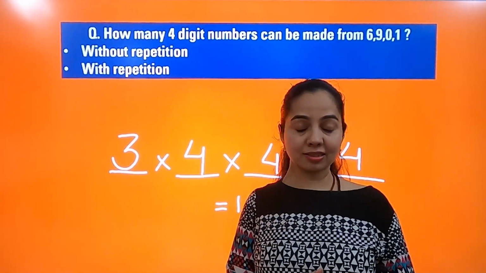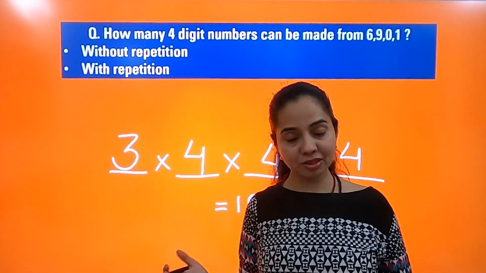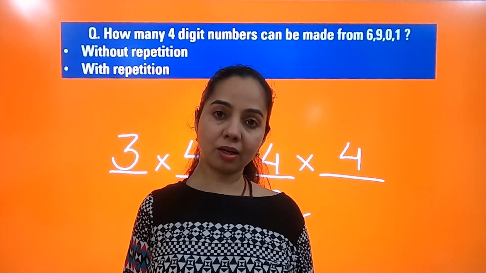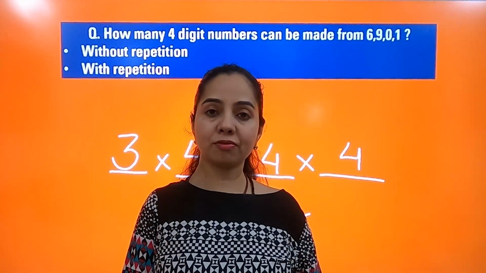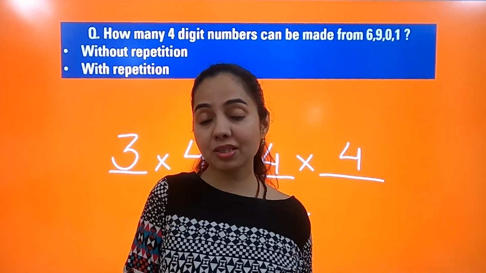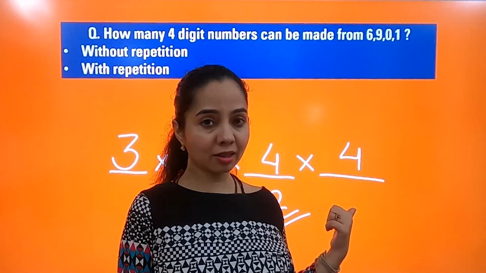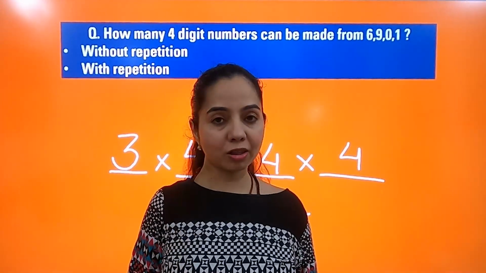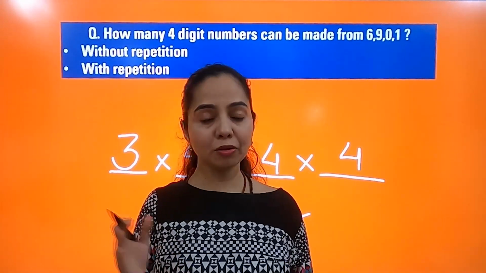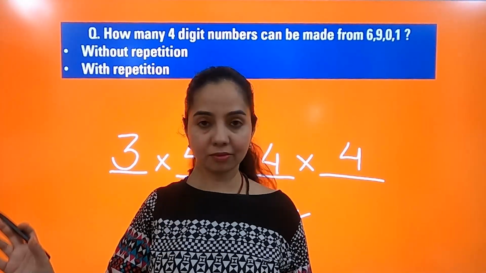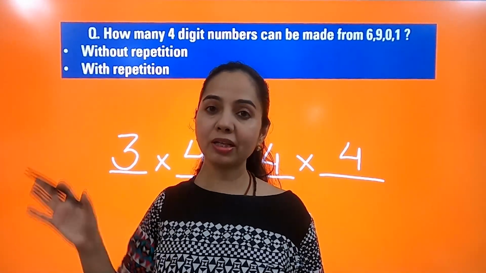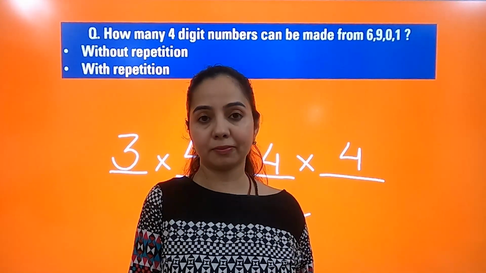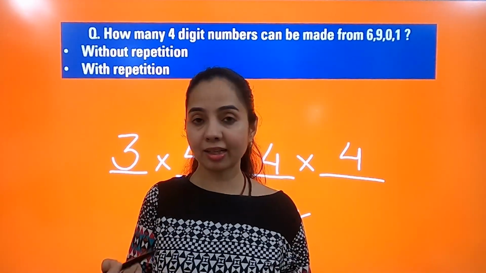I hope this is clear to you using the formula, because in most of your exams you are asked to solve just the number of numbers that you can form by using the formula. At times you might be asked to make all the possible combinations on your own, so you can use the technique, the way I have told you how to make the possible combinations, not just by juggling and by just thinking and jumping, because in that case you might miss.